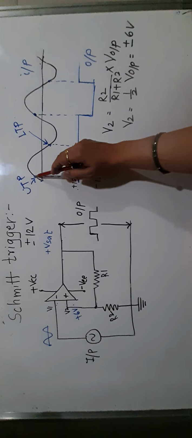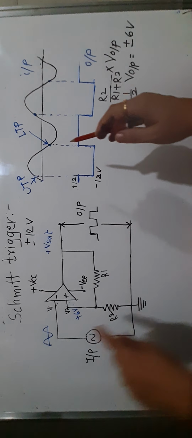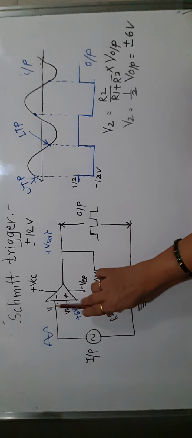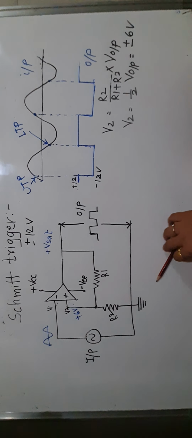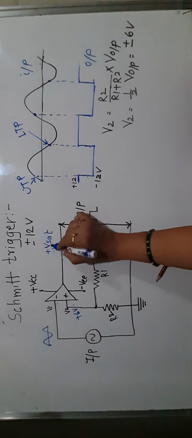At this point, the voltage is greater than 6 volt. When the input voltage becomes greater than 6 volt, the output immediately changes from plus Vsat, plus 12 volt, to minus Vsat.